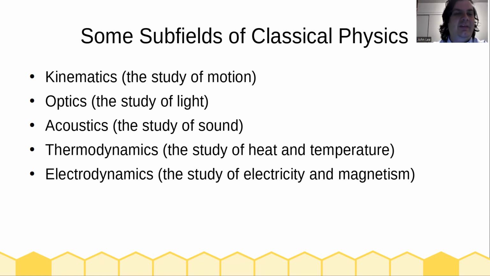There's also another major field called thermodynamics, which is the study of heat and temperature, which is going to be important because it gives rise to quantum mechanics, and quantum mechanics is how we explain everything that we see in chemistry. So these are some of the subfields of classical physics.